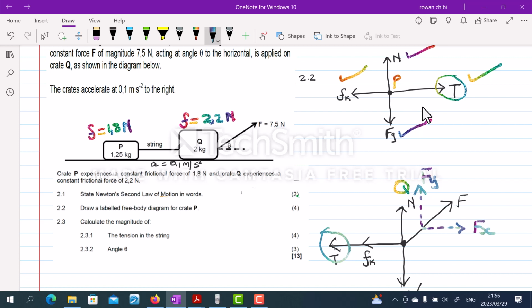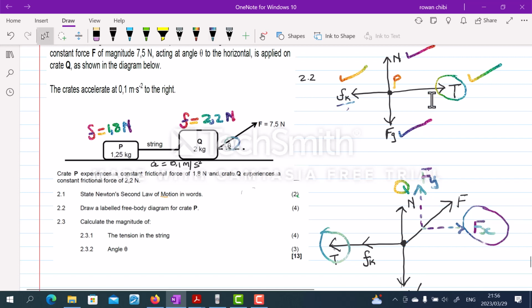So since we know the frictional force from object P, we can find this tension. But the problem with this one, we don't know what F of X is because we don't know this angle. They didn't give us the magnitude of that angle.